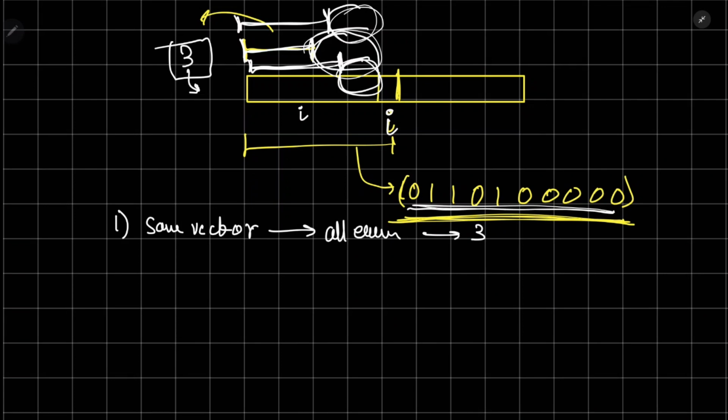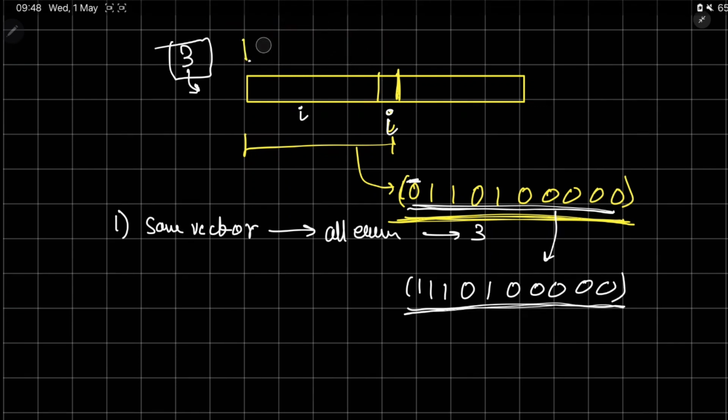And now what we do here is alter one character every time. So now we flip this character, and the rest stays the same. And we will see if we find this vector before.